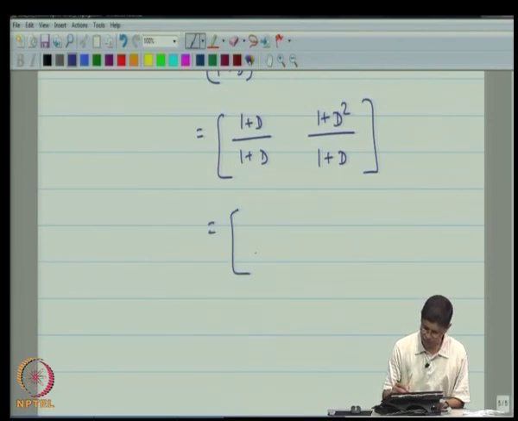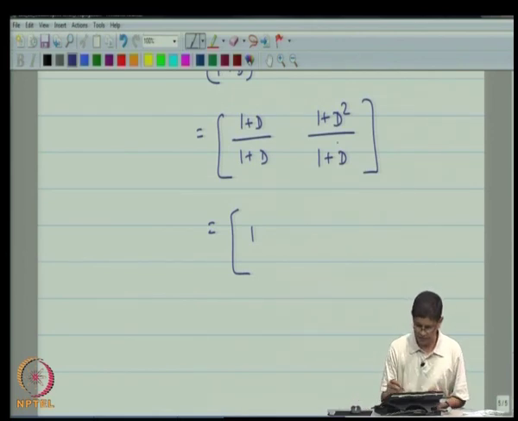So, this is 1, and so the question is, what do you get when you divide 1 plus d squared by 1 plus d?